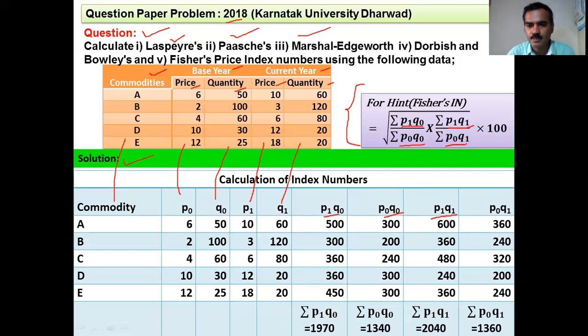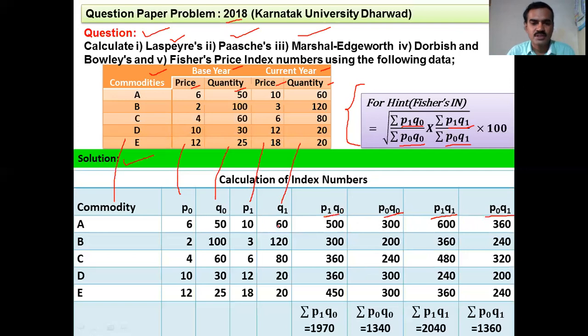Next P naught Q1. This is how you take them. Follow this method so that you can solve the problem very simply. There is no compulsion to write the columns in this order, but I suggest this order because it will be helpful while solving the problem.